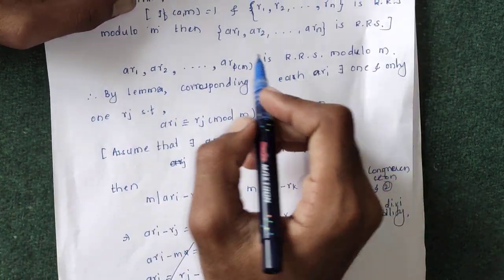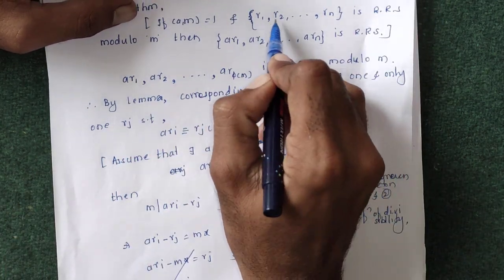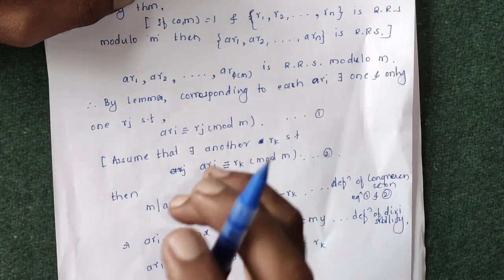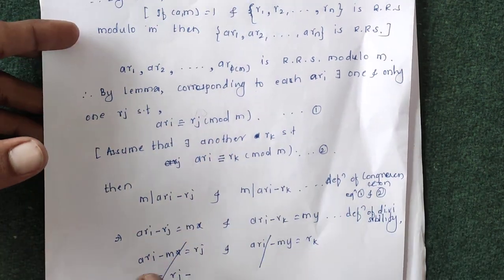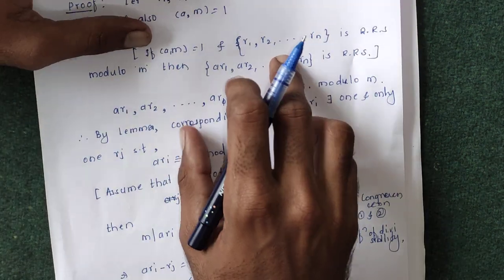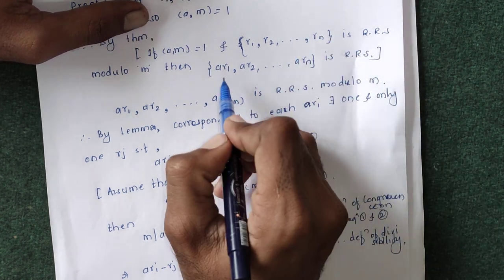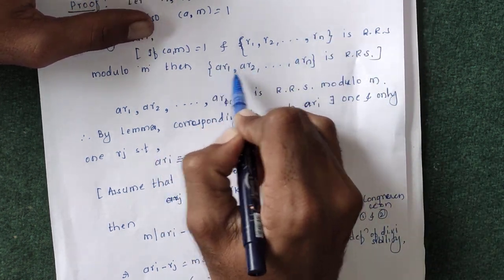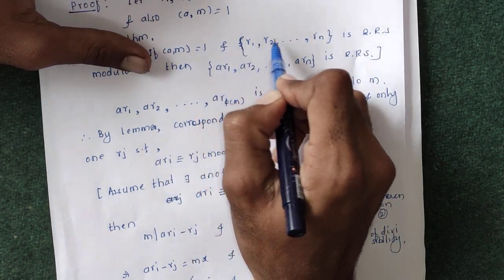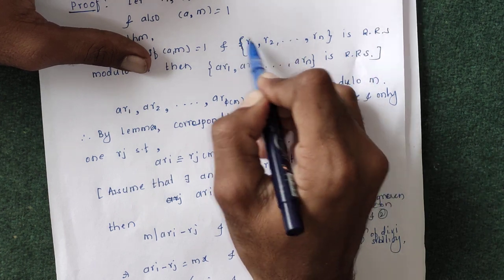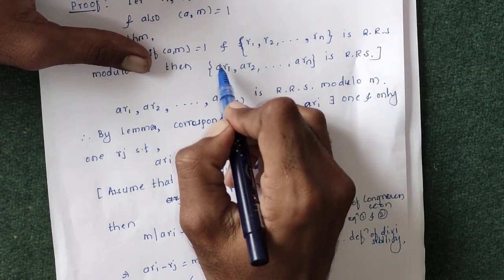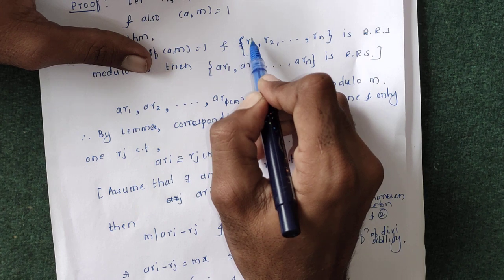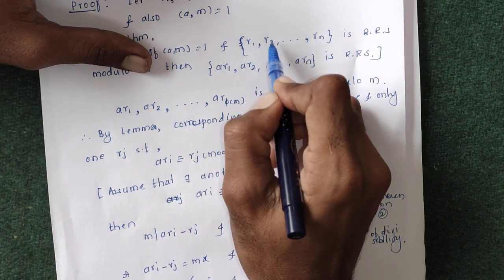So for each ari there must be one and only one rj such that ari is congruent to rj modulo m. So from this we can say that each different ari must get a different rj, but in some other order. We can't say that ar1 is congruent to r1 modulo m, ar2 is congruent to r2 modulo m.